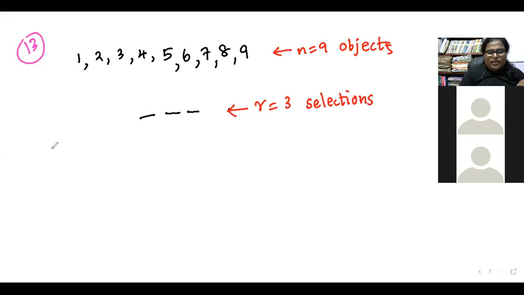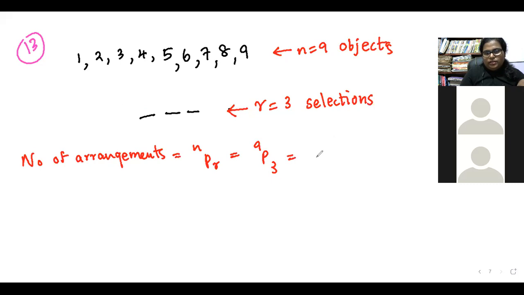Okay, then we'll see how we get the number of permutations, the number of arrangements, by using these ones. It should be nPr. So nPr, that means 9P3. So you have to use the formula. The formula for this one is n factorial divided by (n minus r) factorial.